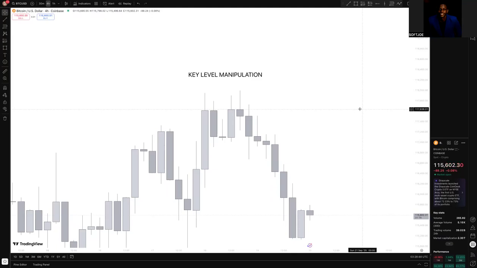So, going through the topic that traders have been working on currently over the space, you hear people talk about key levels, key levels. And when people wonder, what are key levels?